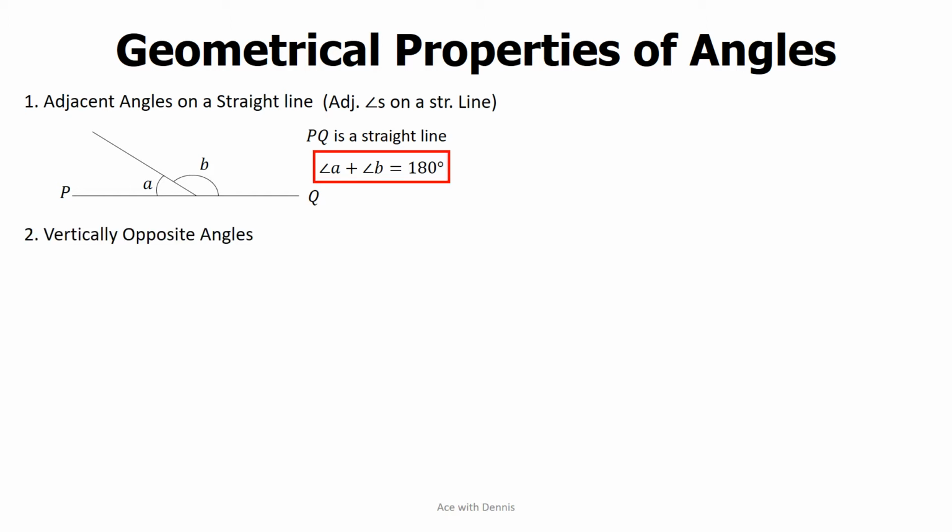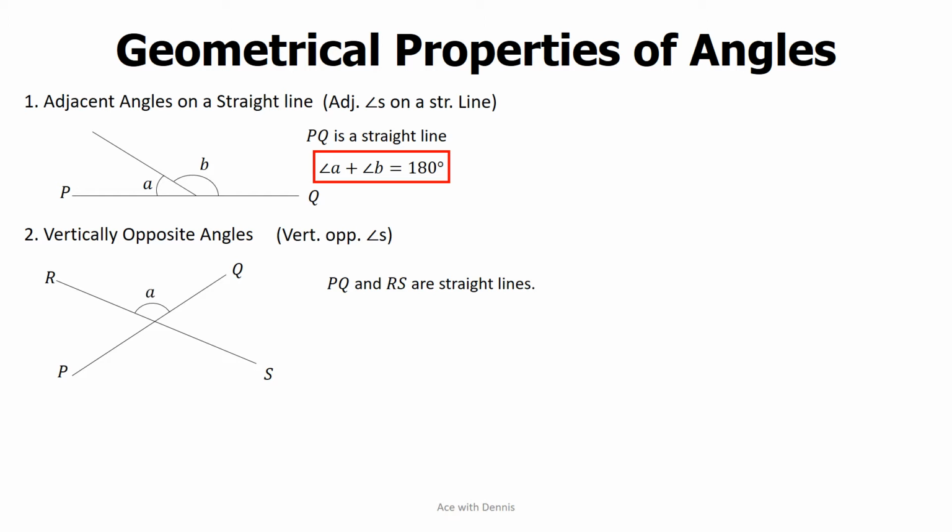The second property is vertically opposite angles, or in short form, vert. opp. angles. So let's say this is a straight line PQ intersecting with another straight line RS. So PQ and RS are straight lines.